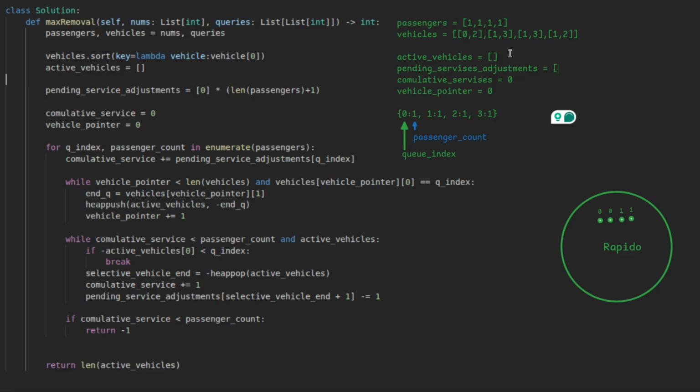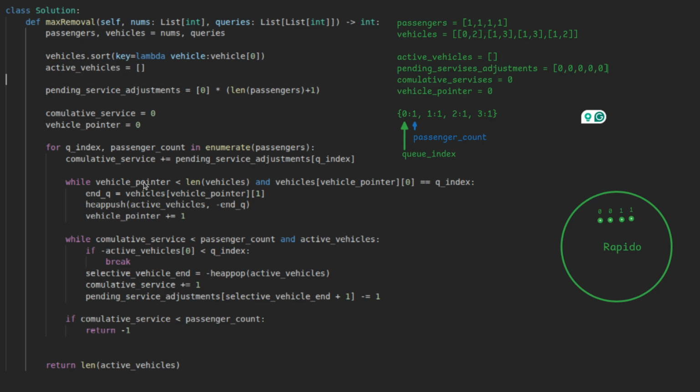The length of the passenger is 4, so I will be putting it 5 times, right?